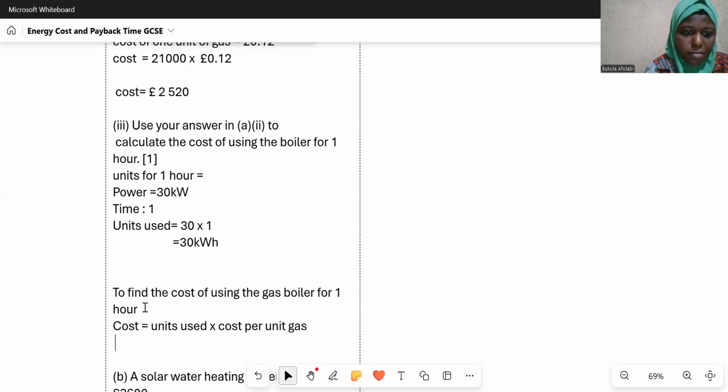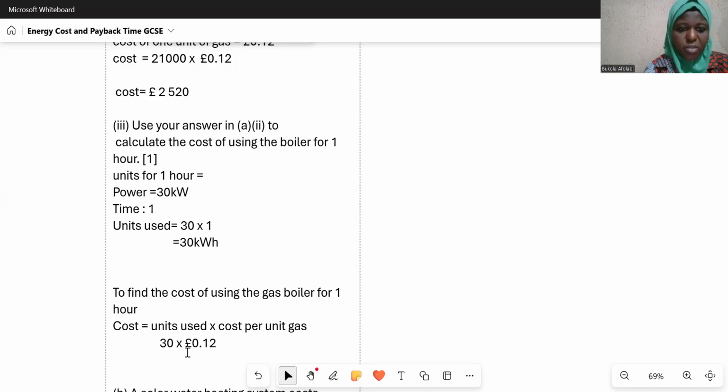So the units used is 30 multiplied by 0.12 pounds.